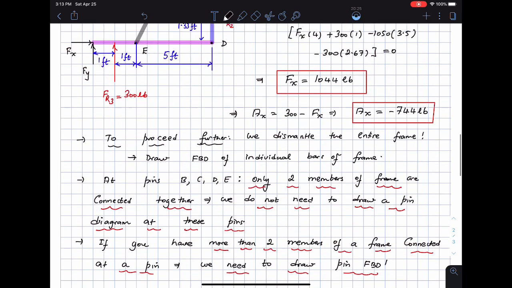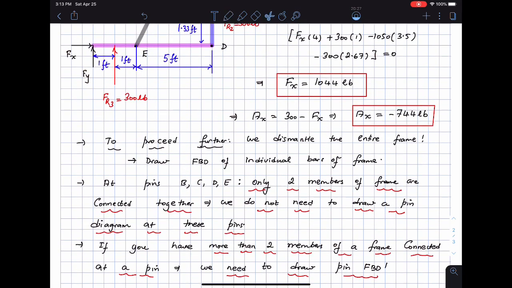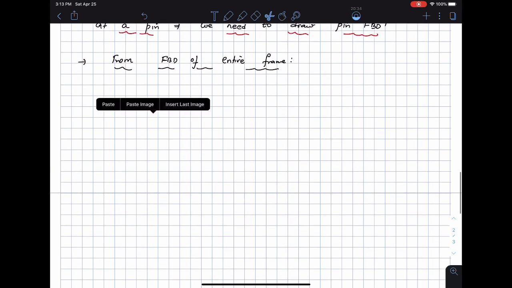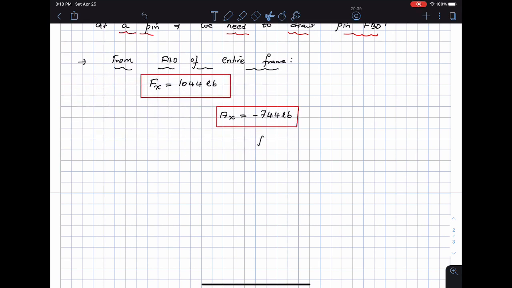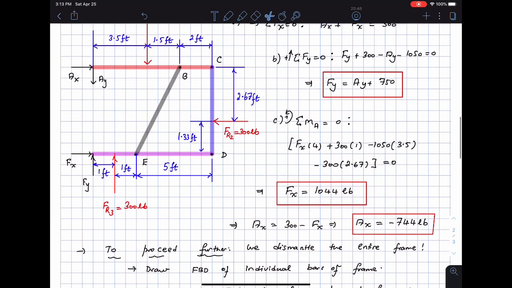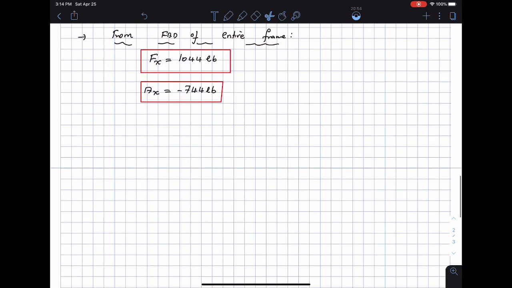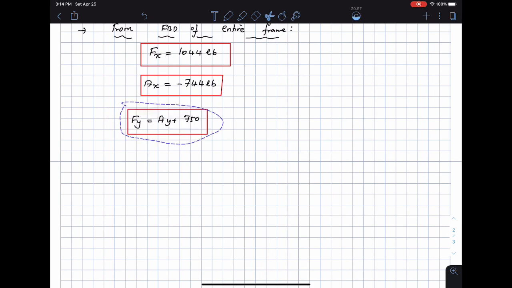I'm just going to copy these results and paste them here. So that's one, then that's another, and then the third thing, which is the relationship between Fy and Ay. That's a fairly important thing as well. I can perhaps make use of that when I need it.